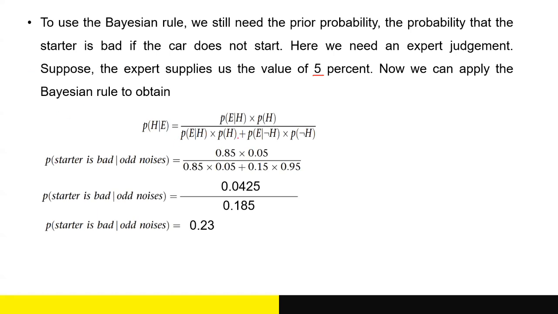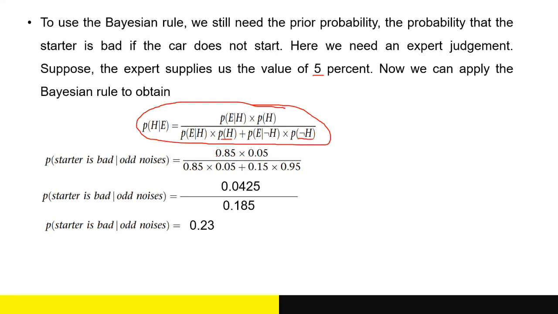This is the formula, or the equation, when there are mutually exclusive events, for example, the not hypothesis and the hypothesis. So the probability that the starter is bad given the odd noises is equal to 0.85 multiplied by 0.05.